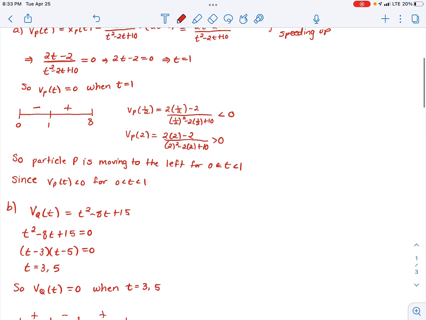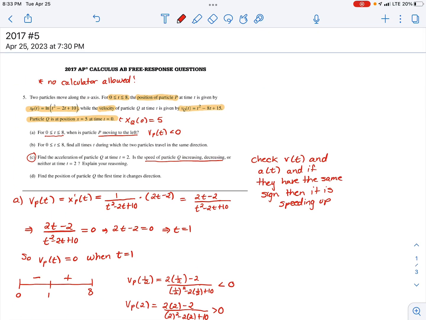Okay, so I hope that helped you guys in terms of parts A through C.